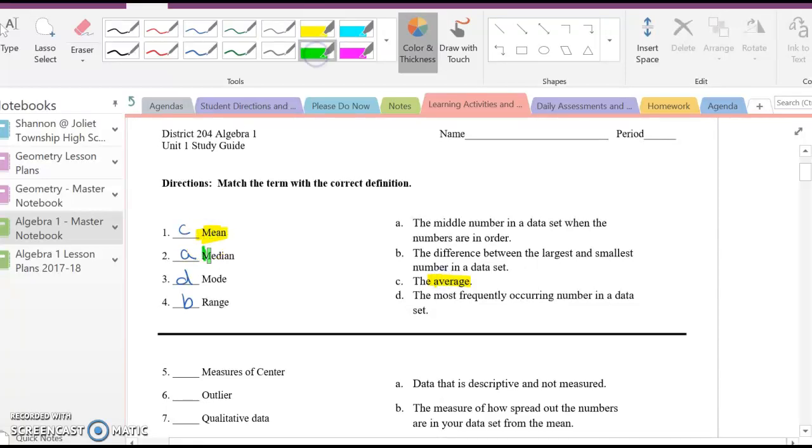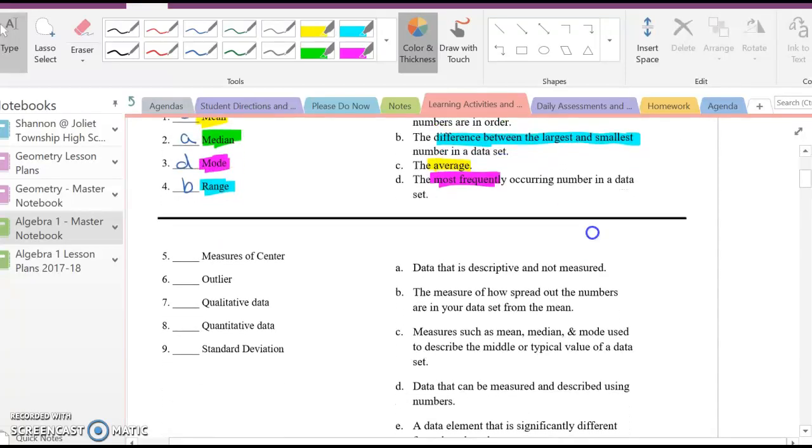The median is the middle number, the mode was the most frequent, and range was the difference between largest and smallest.